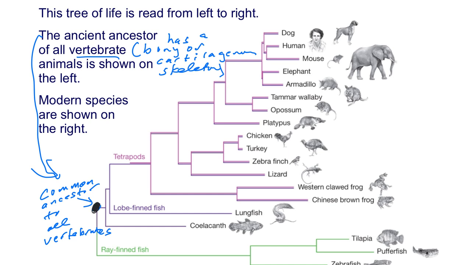We can see that the fish evolved first, and then tetrapods, which have 4 limbs, evolved next, and branched off into all these different types of 4-legged or 4-limbed animals. Now even snakes, they don't show snakes, but snakes come off here somewhere.